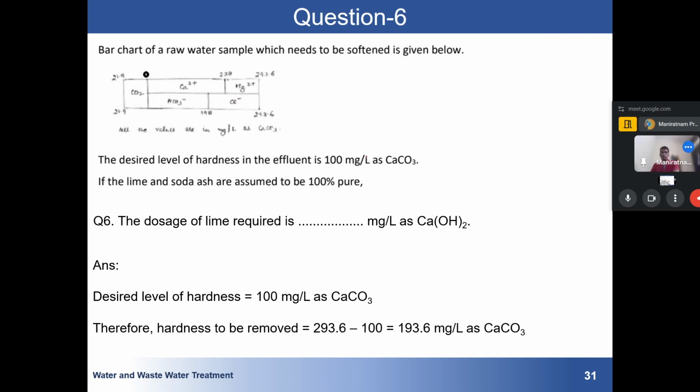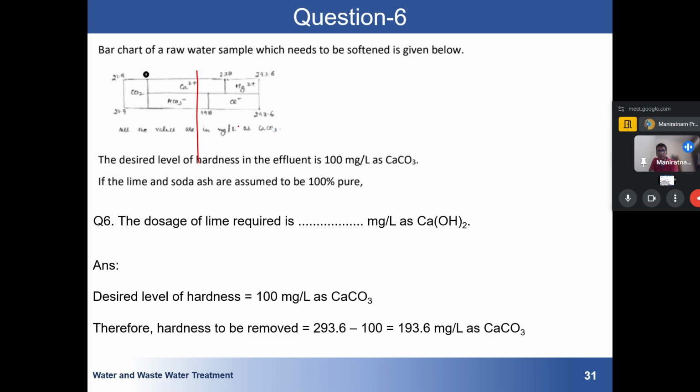When the effluent is 100, it was till this point only, so there was no need to remove this non-carbonate hardness, and we know that this soda, that is Na2CO3, is to remove non-carbonate hardness only. As the effluent was 100 milligram per liter, there was no need to remove non-carbonate hardness.